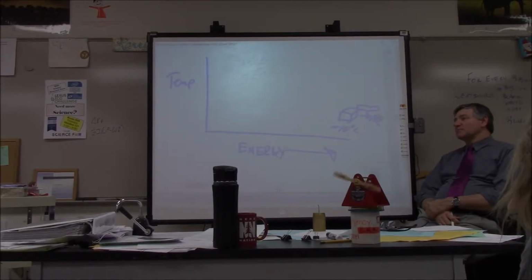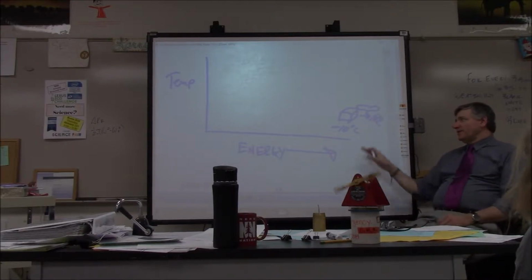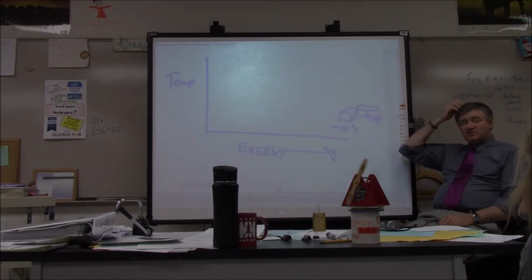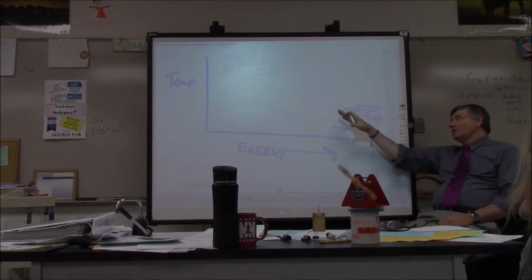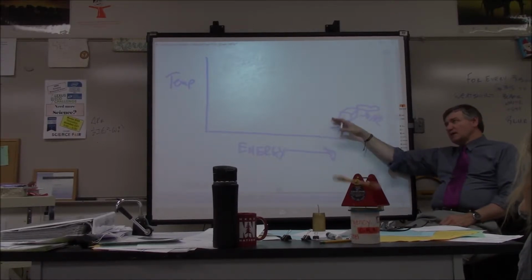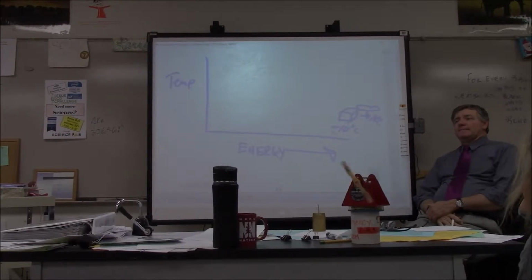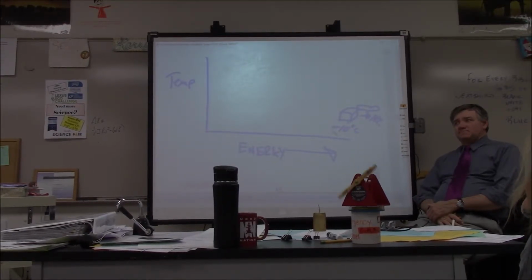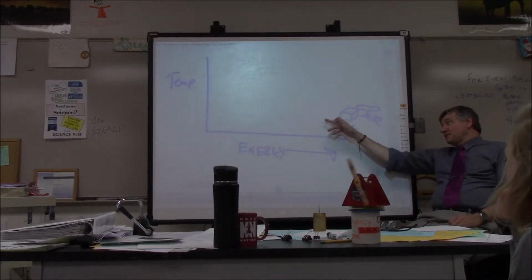So if this is your ice cube, which direction is the energy flow? From the outside into the ice cube, or from the ice cube out into the environment? In, right? That's the direction of the energy flow.